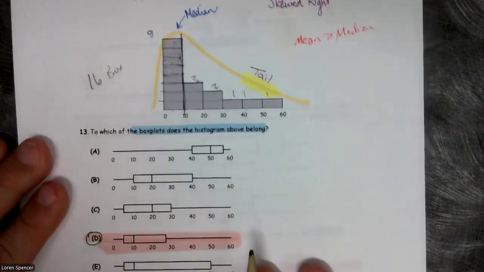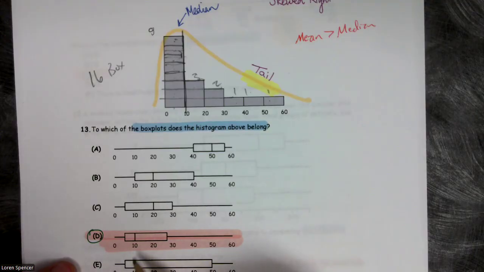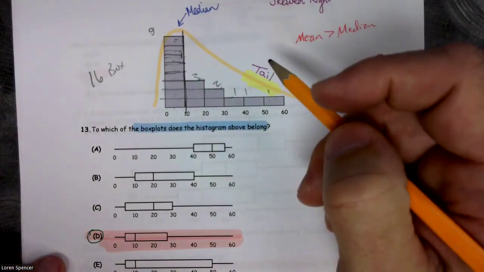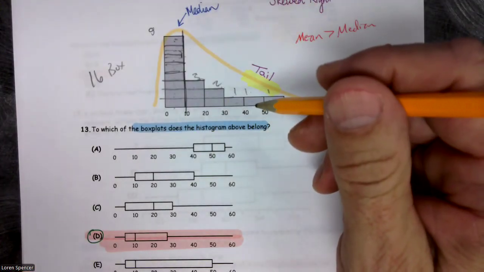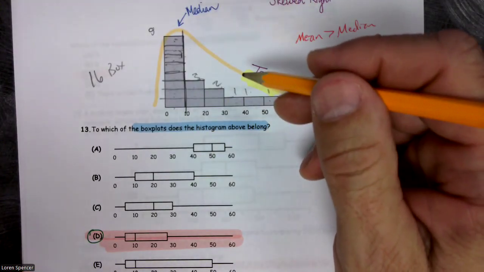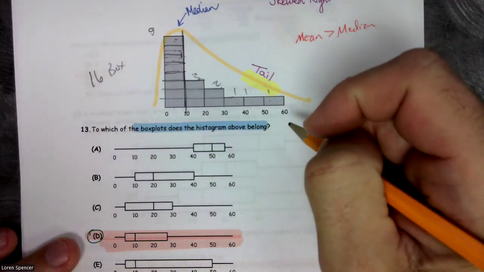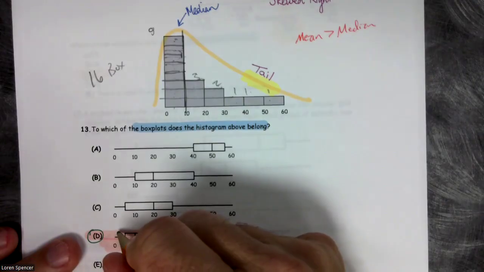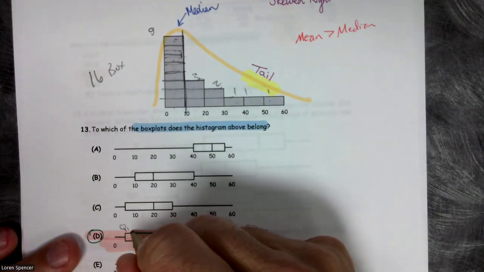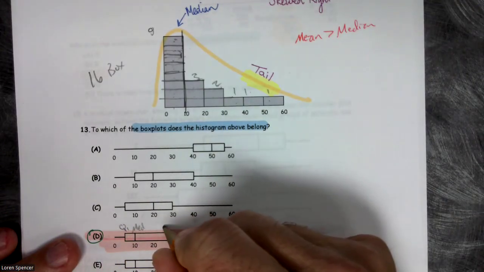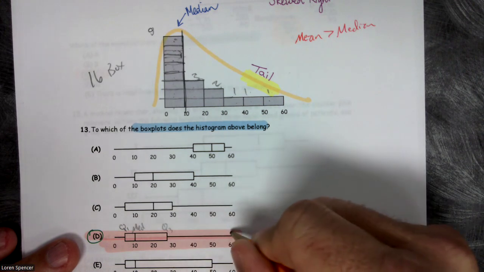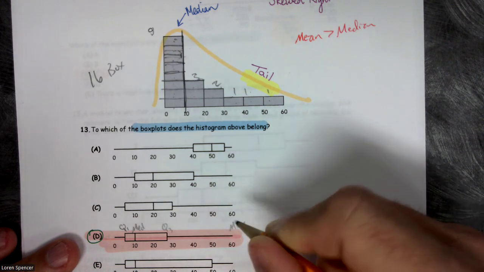Well, which one has a median at 10? I have two of them that have the median at 10. Now, the next thing is I need to figure out how it works out. Remember, this is Q1, median, Q3, and this is my max.